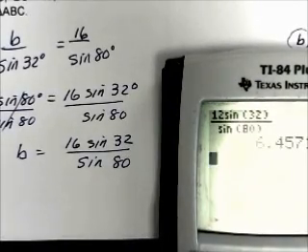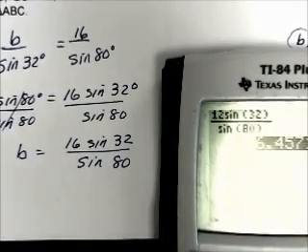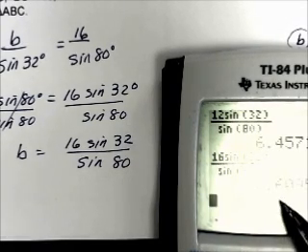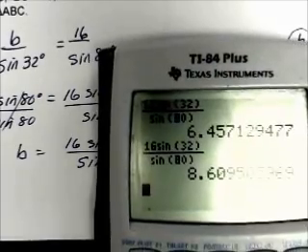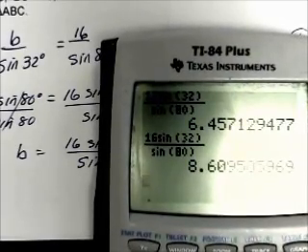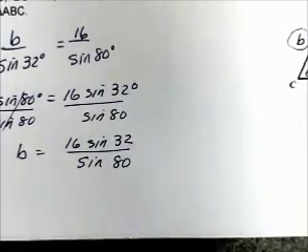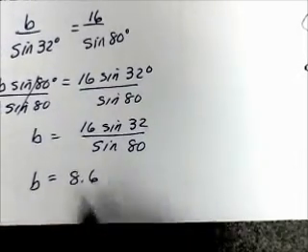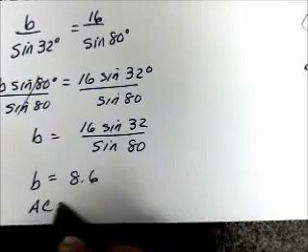Let me do that again. That's 16 sine 32 over sine 80. Okay, so rounding to the nearest tenth, this is better now. That's 8.6. So b equals 8.6, or AC equals 8.6.